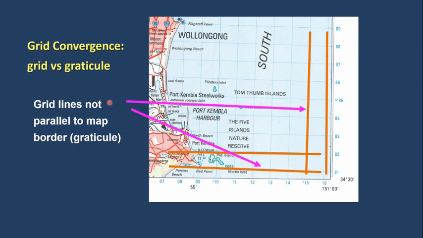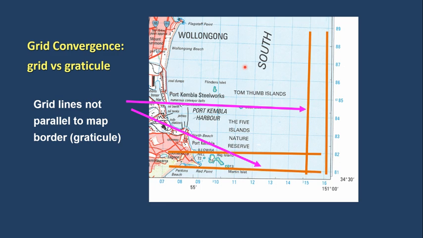We saw that there will be differences in the values we get and some issues of grid convergence between using the grid versus the graticule. And we noticed that there was a difference between the orientation of the lines in the borders of our map sheet, because the map sheet itself was aligned relative to the graticule, and the borders of the map sheet are defined as lines of latitude or longitude, whereas the grid lines are what we're using to actually work out where we are on the map sheet and give our coordinates.